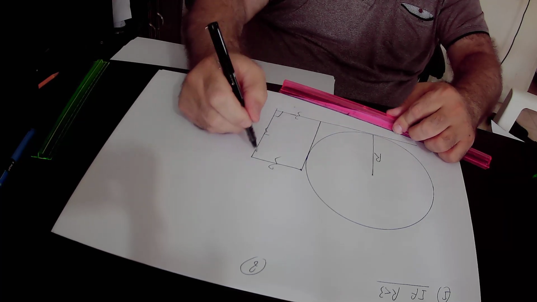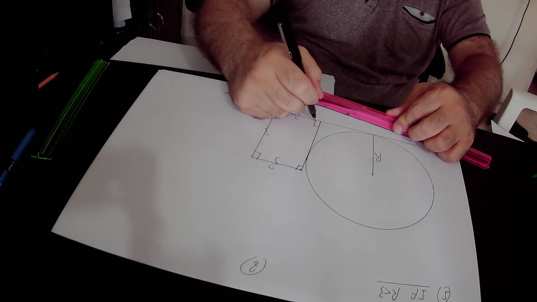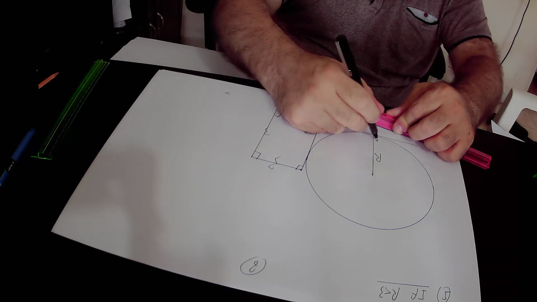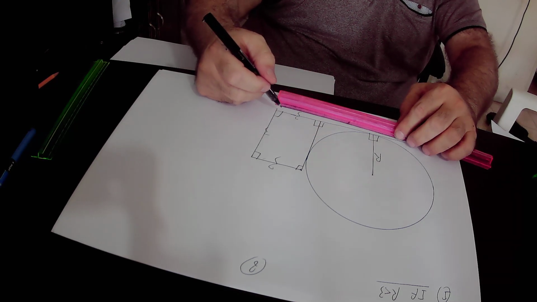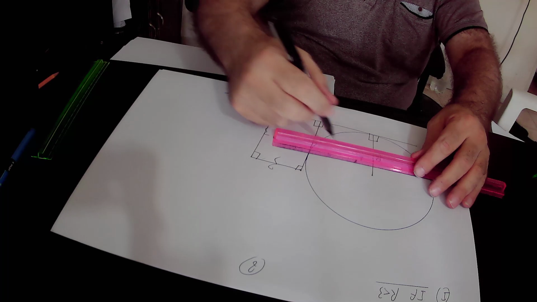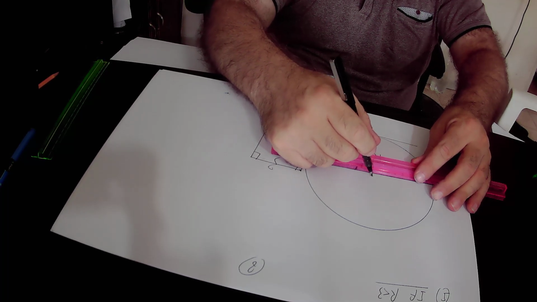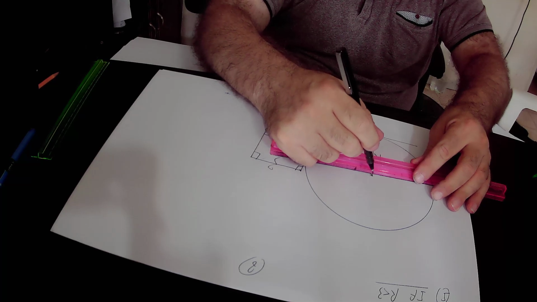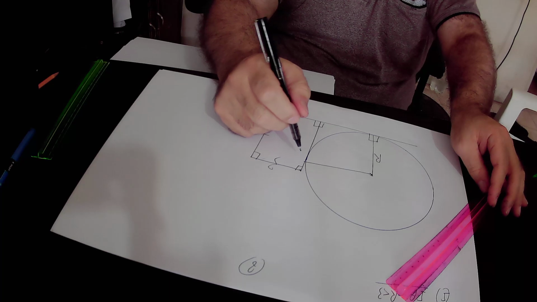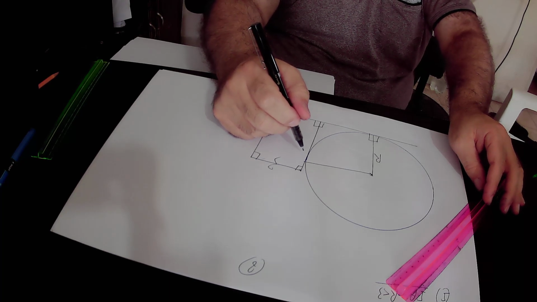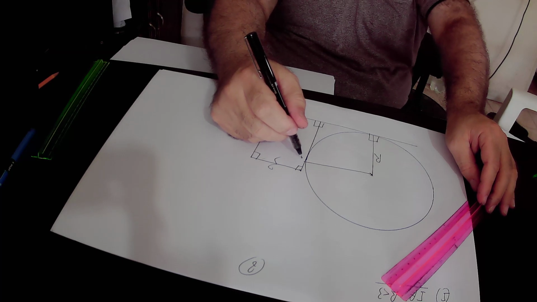The angles here are right angles. So here, this is the radius. Here, this is the point of tangency.